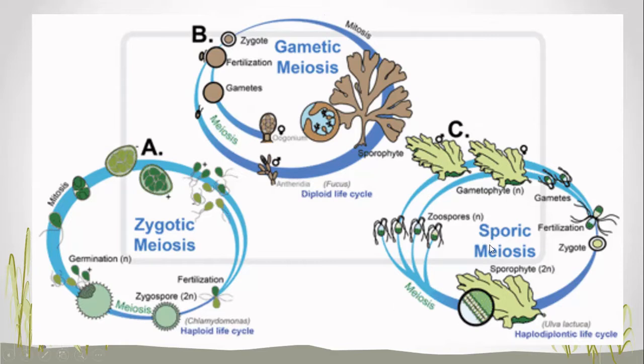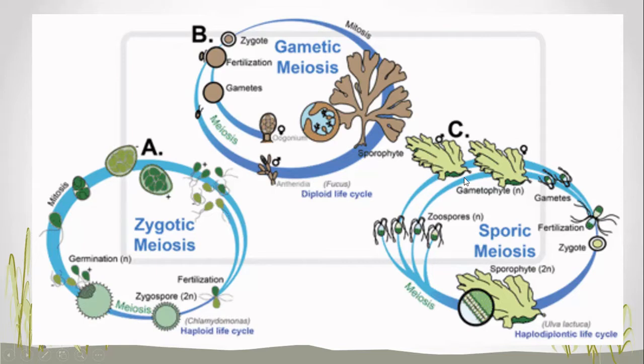Now, we have here sporic meiosis. The gametes are developed in a sporophyte. The sporophyte has two gametophytes which are identical.